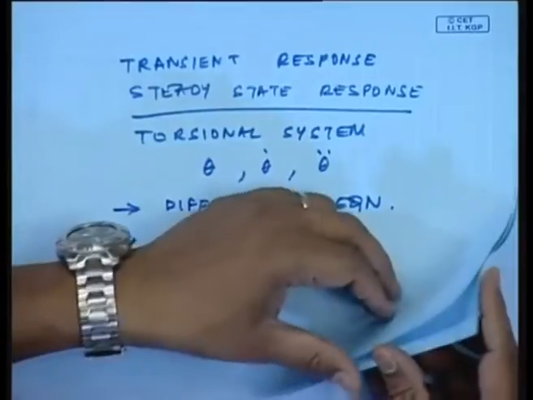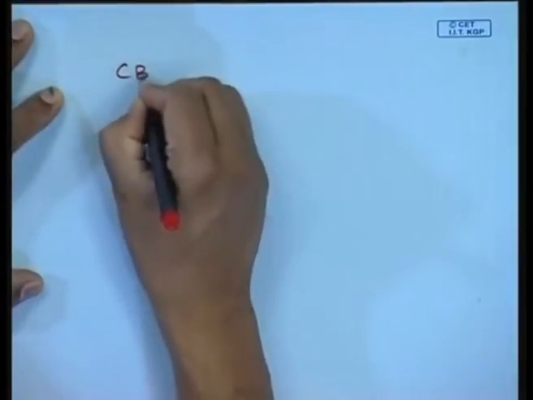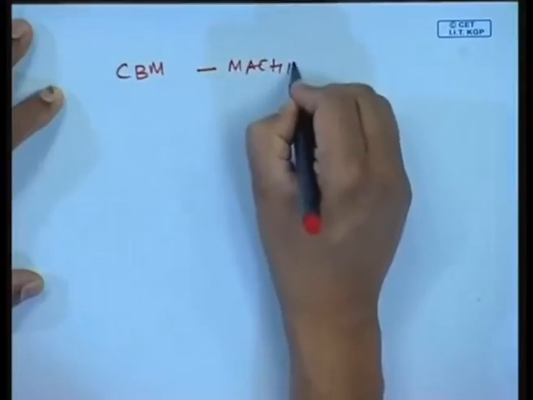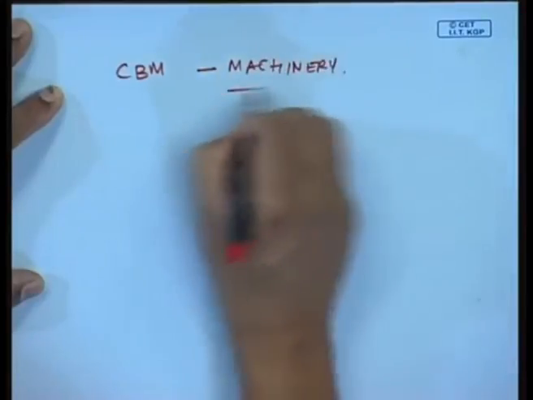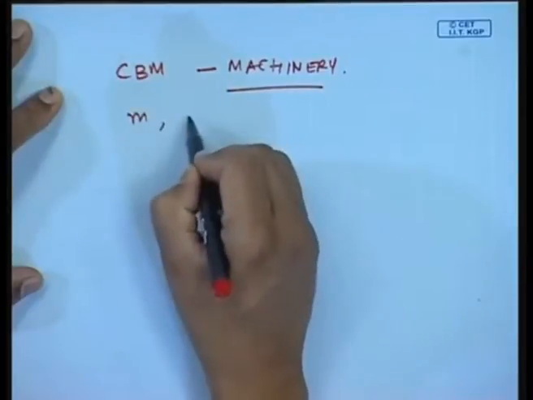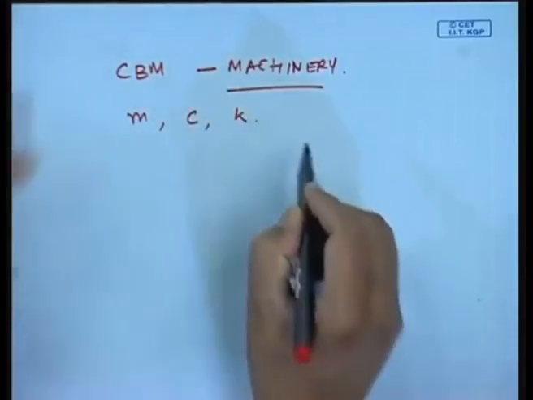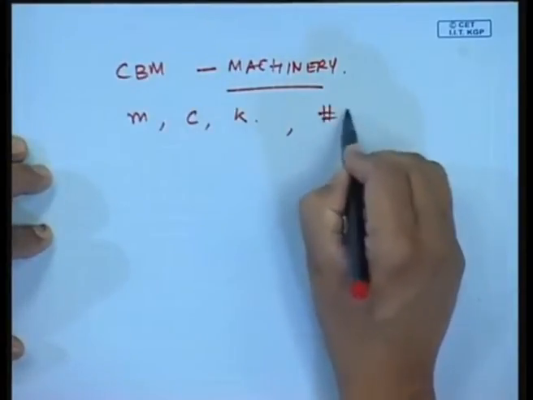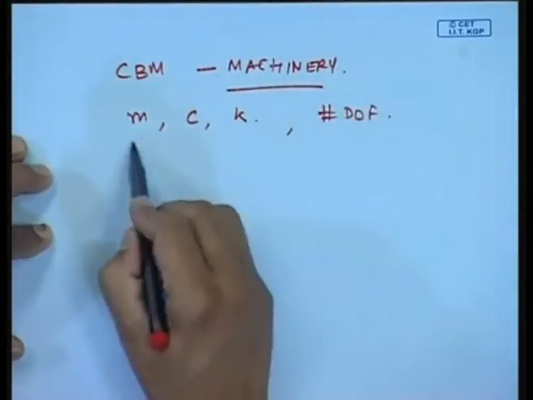The question is, our focus of attention is how do we implement CBM in a machinery. Of course, for a machinery we do not know its M, we do not know its C, we do not know its K, and we do not know how many degrees of freedom are there and how they are related.